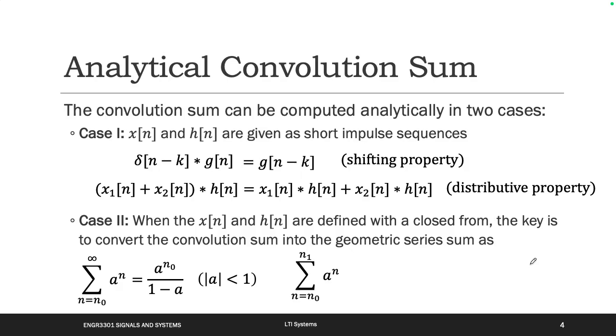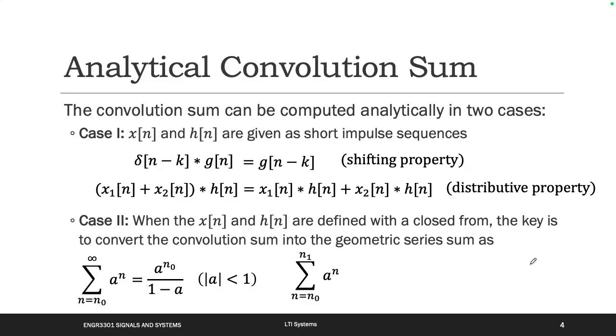For this other one, do you notice the difference between this one and this one? Why do we divide into two different situations? In this situation, n goes from n0 to positive infinity, but here it goes from n0 to n1, which means it has a specific duration. That makes sense to you?